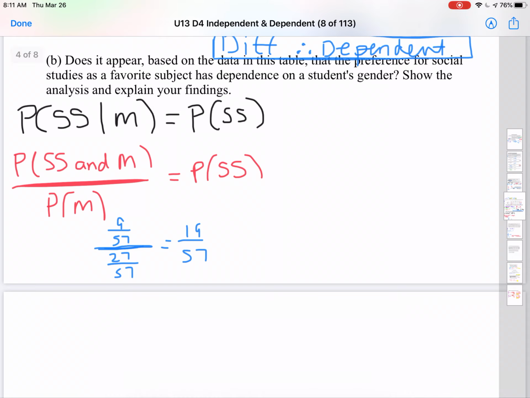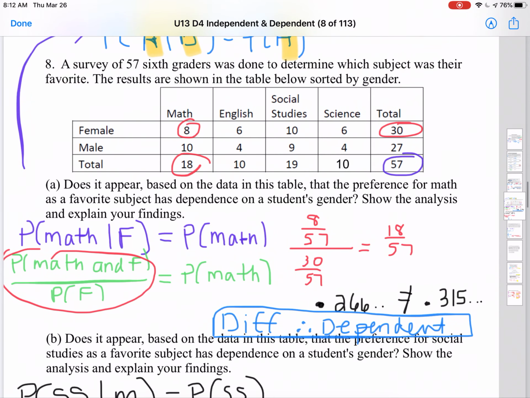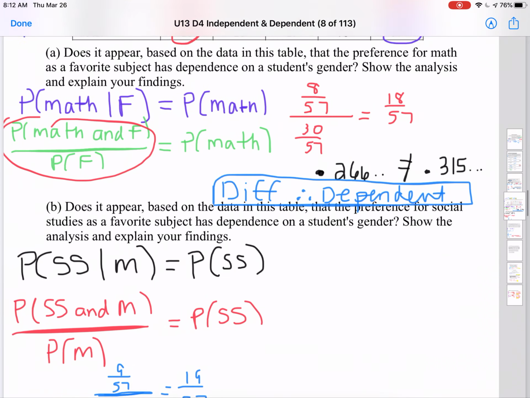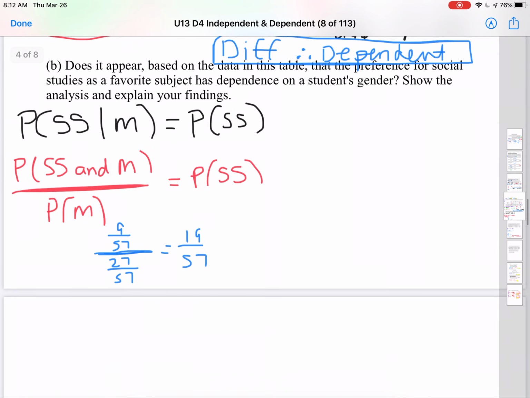All right, so social studies and male is 9 out of 57. That's good. Probability of male, 27 out of 57. That's good. And probability of social studies, 19 out of 57. Okay, so let's do it.